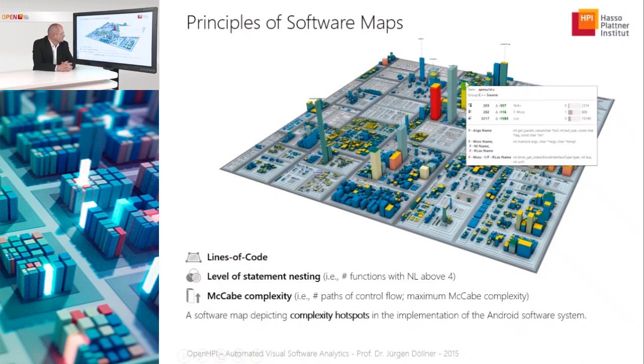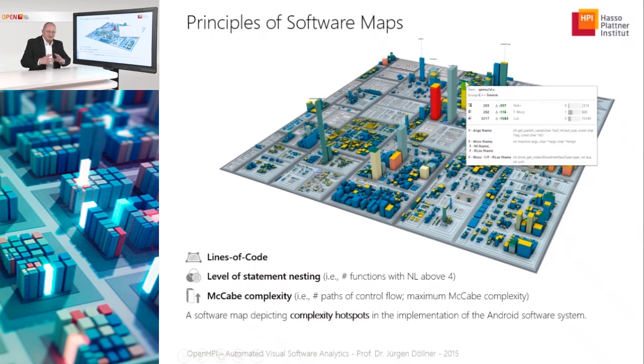In this example, we have mapped the number of lines of code onto the ground size. The level of statement nesting, the NL metric, is mapped on the color, and the McCabe complexity is mapped on the height of the cuboids used in this software map.